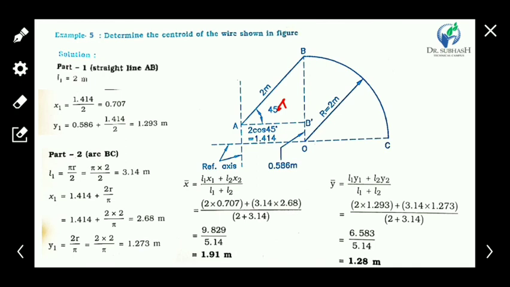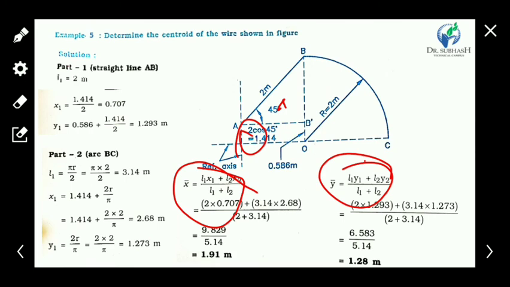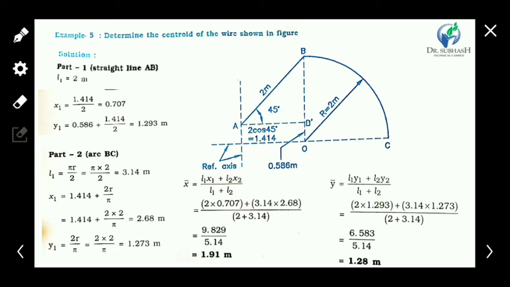Now this way you can find the centroid by these two equations, the x bar and y bar equations. For that you have to find the horizontal distance and vertical distance of the CGs of all elements from the reference axis, and the length of all elements. So you can easily get the x bar value and y bar value, and it gives the centroid or CG of these composite wire elements.